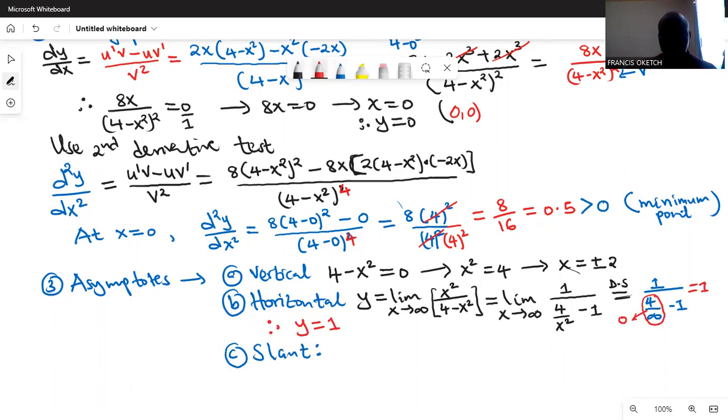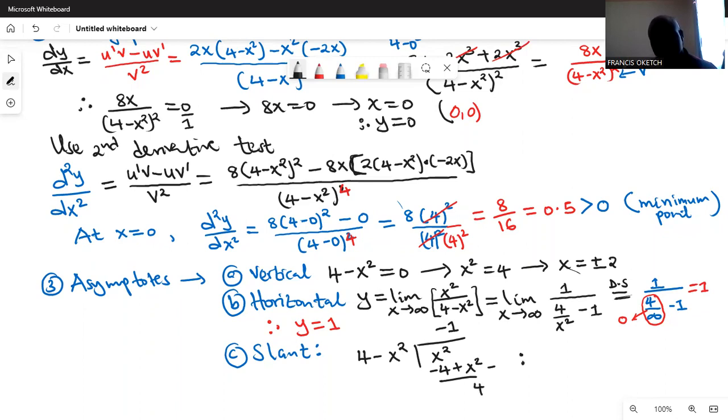Let me use a different color. We are going to have here 4 minus x squared, then inside we'll have x squared. I am rewriting the given function. You check, you have negative x squared and you have x squared inside. What do you multiply by negative x squared to get x squared? The answer is negative 1. So negative 1 times 4 minus x squared, we get negative 4 plus x squared, so that when I subtract, I'm going to get 4.